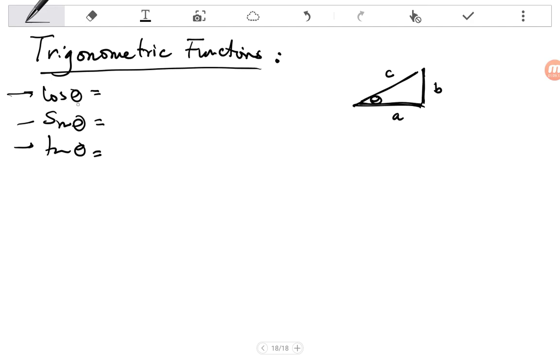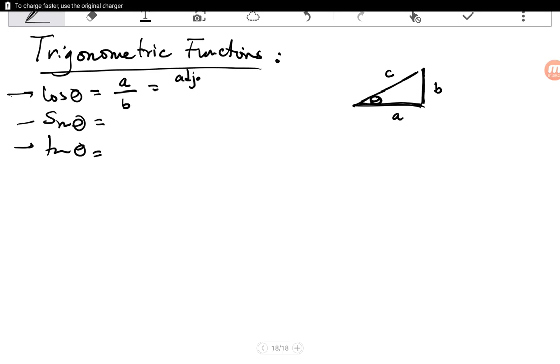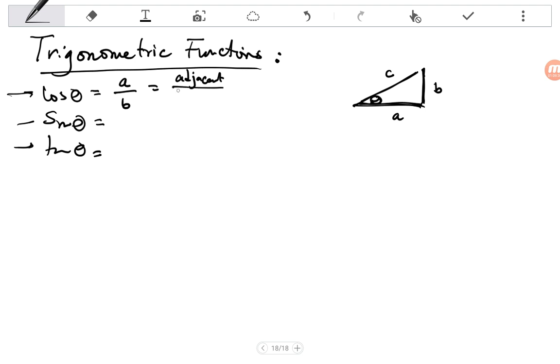Okay, what is cosine theta? If you have this as the theta, if you find the ratio of A divided by C, which is called the adjacent side, adjacent divided by the hypotenuse, which is C, that is called cosine theta. That defines the cosine of the angle.